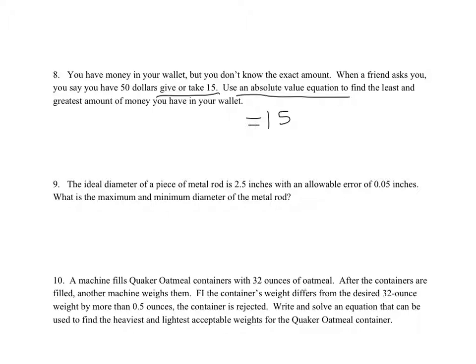So you could have in your pocket x minus 50. So the amount of money that you have in your pocket subtracting 50, the absolute value, is going to be 15.